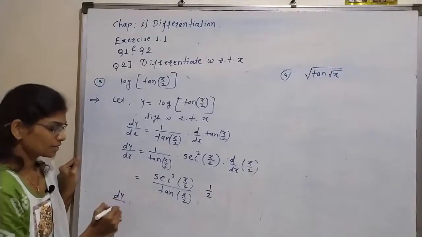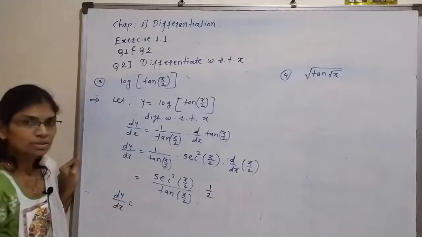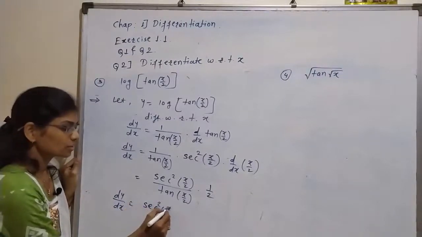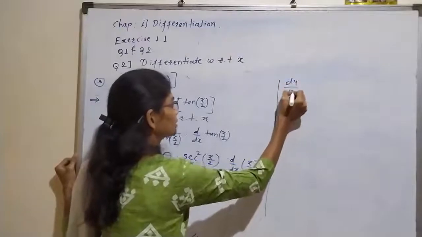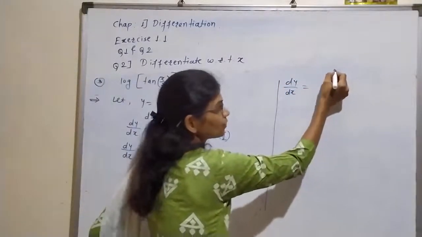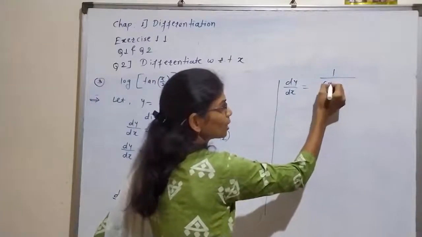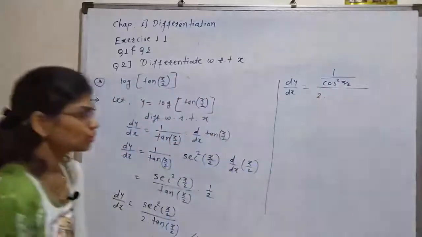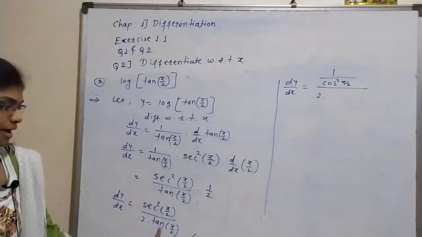Therefore dy by dx is equal to sec square x by 2. We can write sec square of x by 2 as 1 divided by cos square of x by 2, whole divided by 2 into tan x by 2.